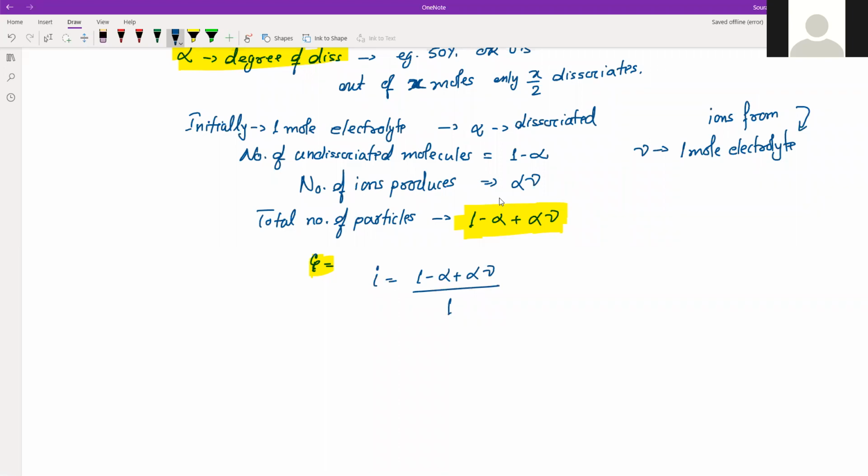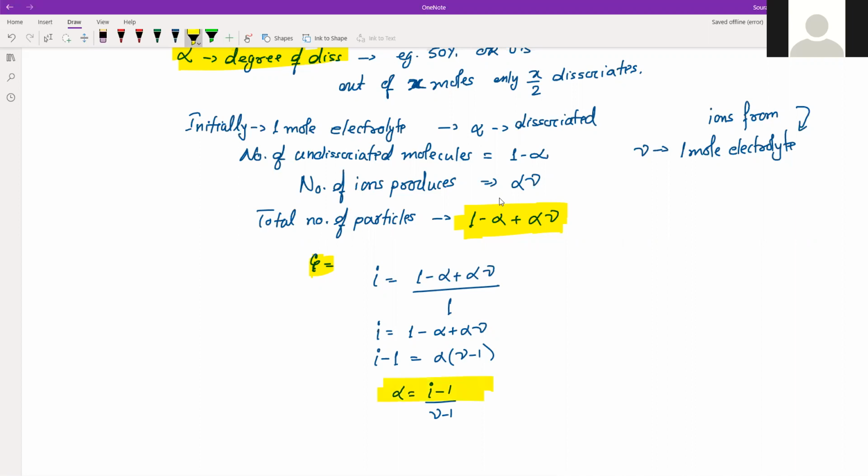Or we can say that i is equal to 1 minus alpha plus alpha nu, or i minus 1 is equal to alpha times nu minus 1. So alpha is i minus 1 divided by nu minus 1.